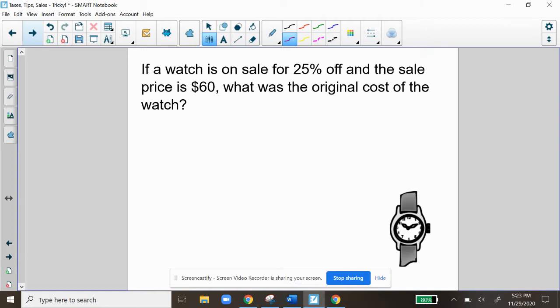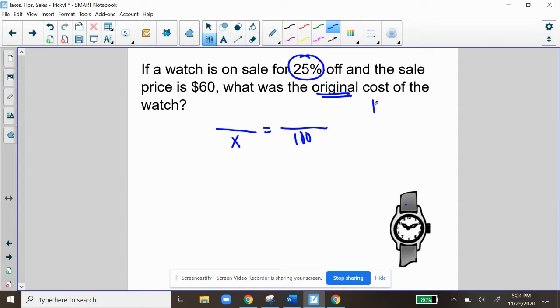So it says if a watch is on sale for 25% off and the sale price is $60, what was the original cost of the watch? So we want to think about our percent proportion, okay? We know that the original goes on the bottom in the denominator, and the original is what we're looking for. So I'm going to put X right here. I know that 100 always goes in my bottom right, and I know that I'm thinking about something being 25% off.